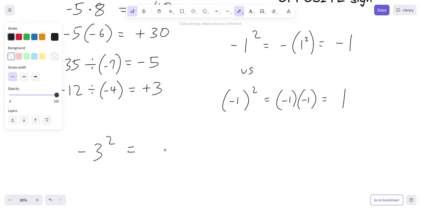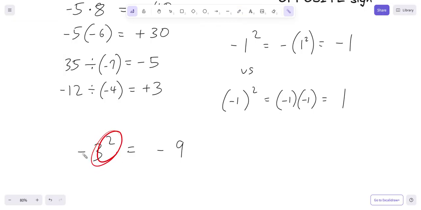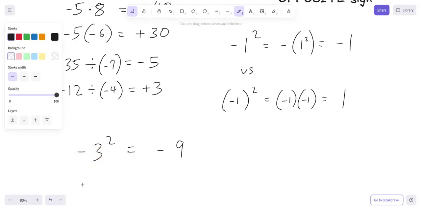And then this will be negative 9, because we do 3 squared first, that's 9, and then put the negative sign in front. And then if I have negative 3 squared, this is negative 3 times itself, which gives us positive 9.